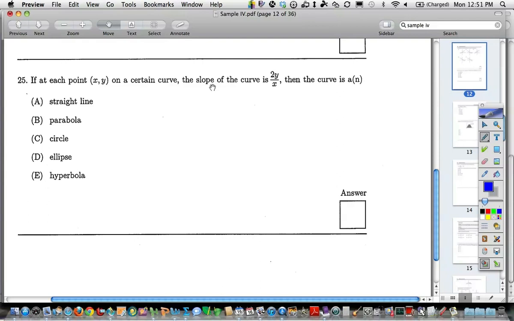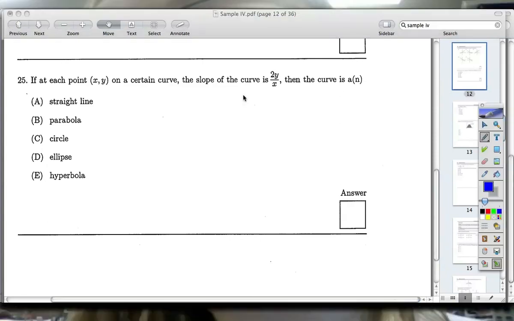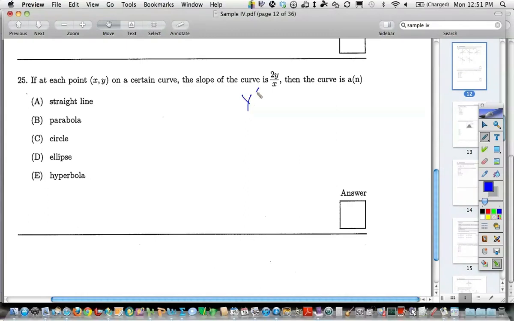y prime is equal to 2y over x. And then we know the equations of all of those on the left, like a, b, c, d, e. I went with parabola first. So that's y equals x squared.